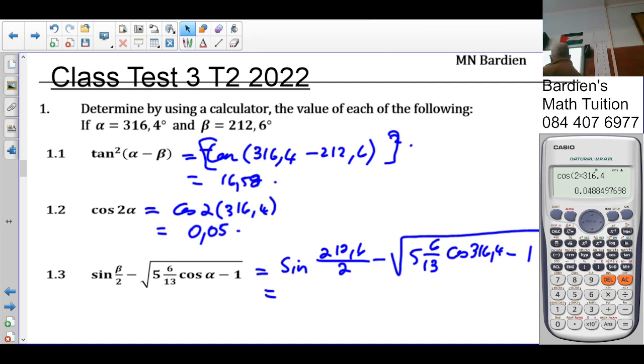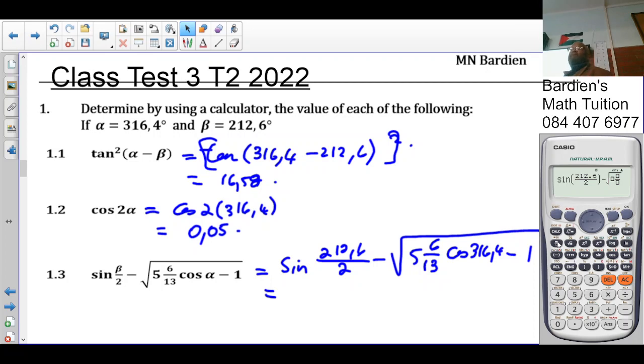Now when you punch this in the calculator, you will have sine 212.6 over 2 minus square root of. Now you see this is a mixed fraction here. When you punch that in the calculator, you press shift and your fraction button.